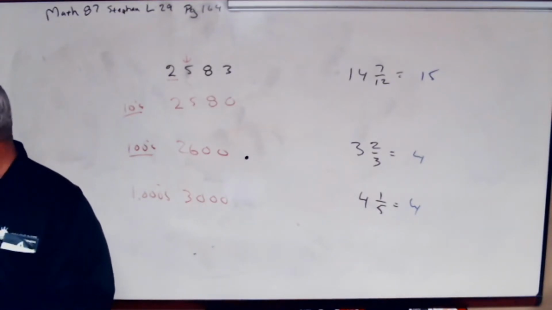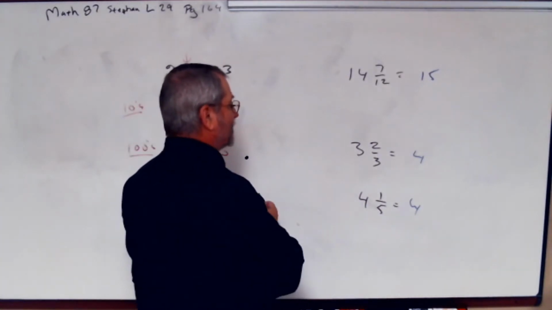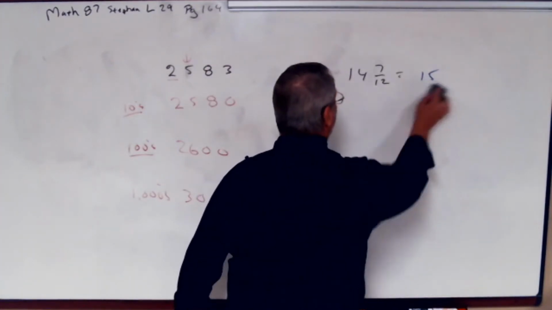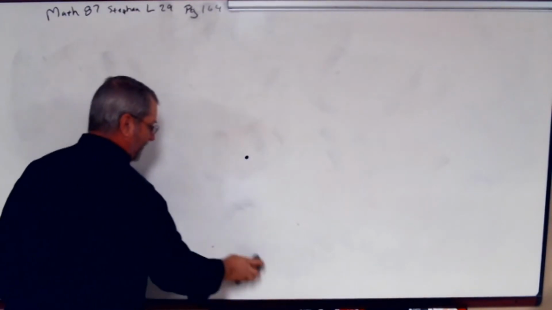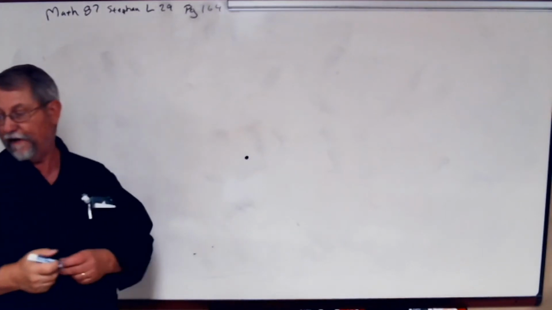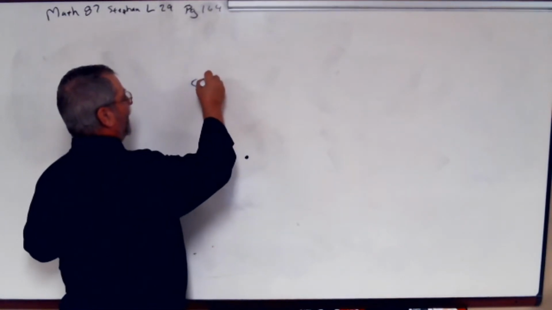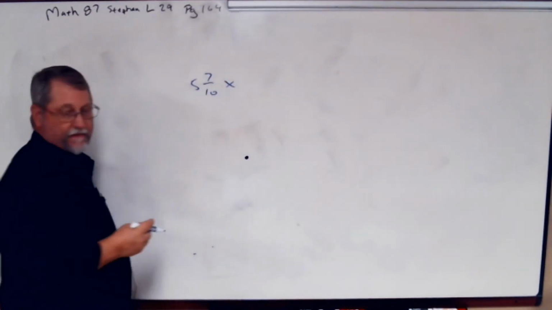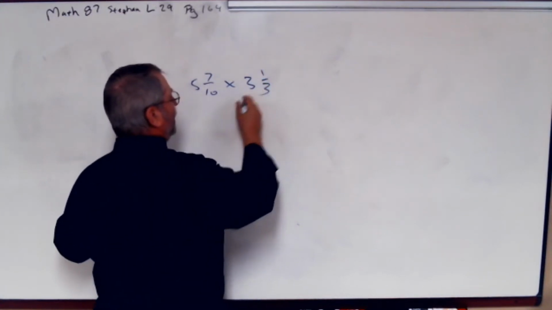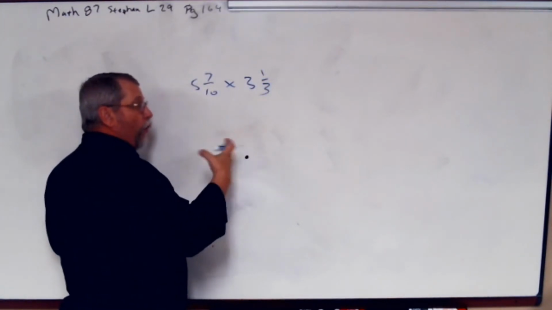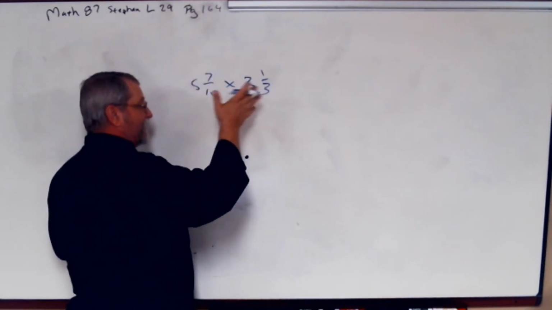Okay, don't get all freaked out on this. Now, to estimate makes your life so much easier. When they say estimate, you should say, thank you, Jesus. I appreciate that very much because you're making things very easy. All right, so 5 and 7/10 times 3 and 1/3. Now, old school, to do the whole thing, we'd have to go improper, cross cancel, multiply.